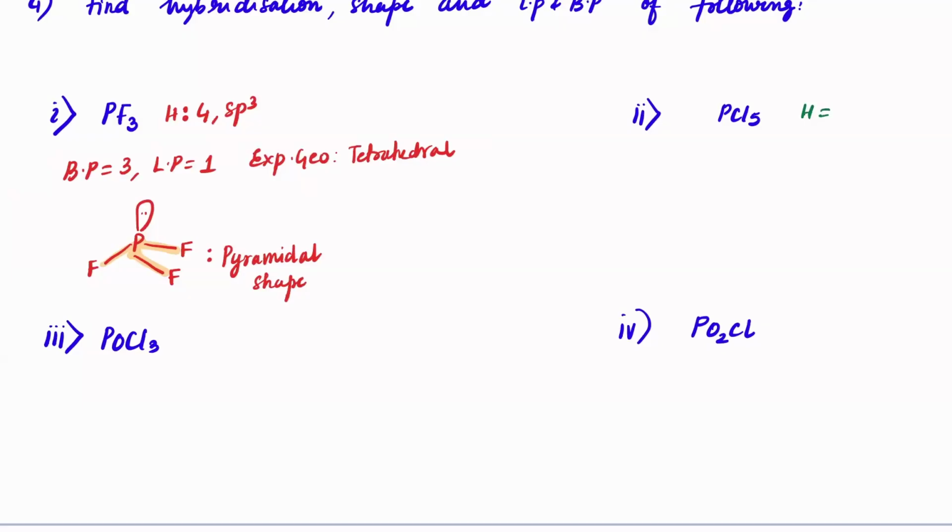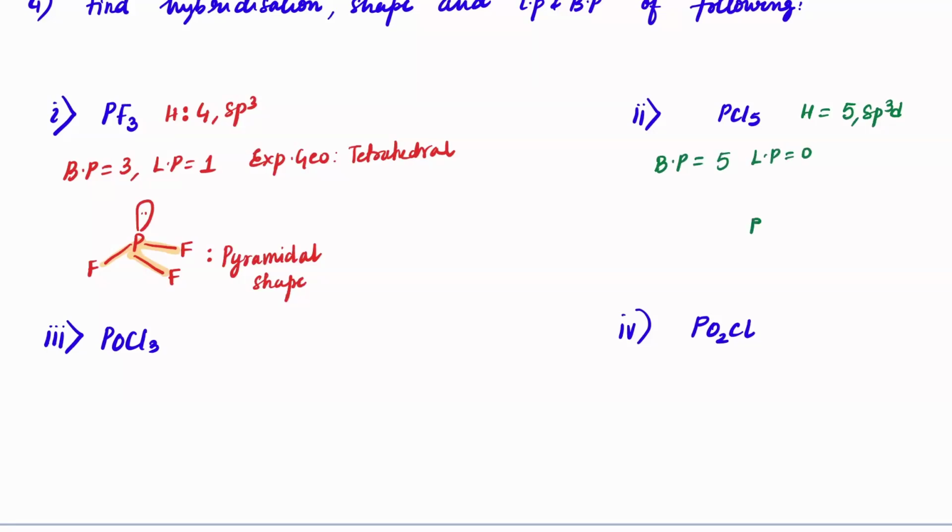How much, 4 or 5? 5. So 5 makes it what hybridization? sp3d. Correct? So since it is sp3d, bond pairs are how many? 5 and 0 lone pairs. Very good. So lone pairs are 0.